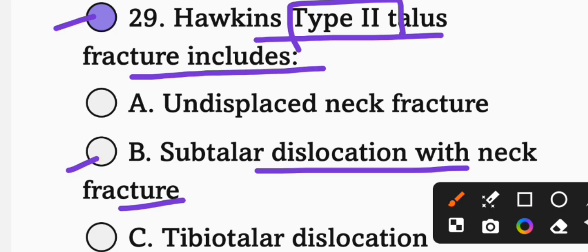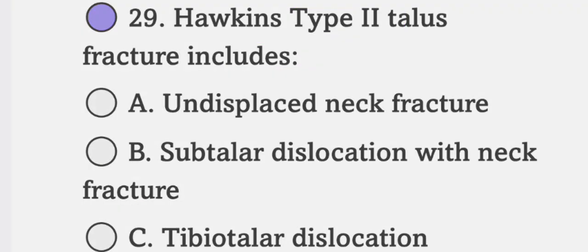Type 1 is an undisplaced neck fracture, type 3 is neck fracture plus subtalar plus ankle dislocation, and type 4 is very severe with talonavicular dislocation.